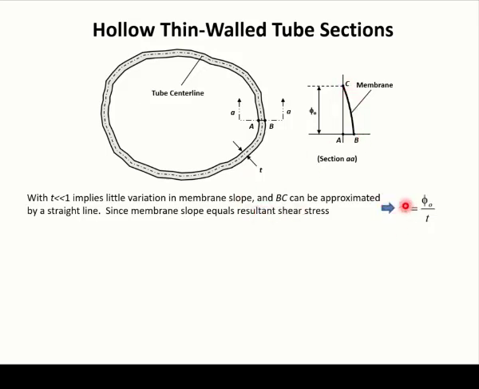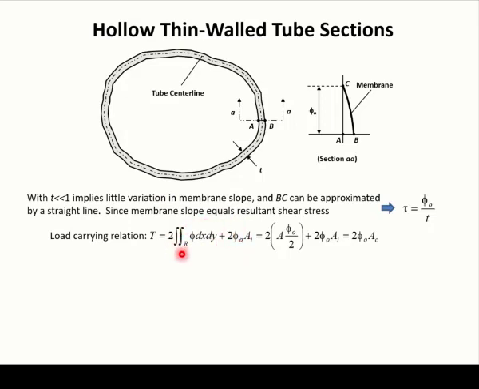So this is why my shear stress is equal to my phi naught divided by thickness, since I'm assuming that this is a straight line. So from there I can get my torque, and we find that it's given by this equation.